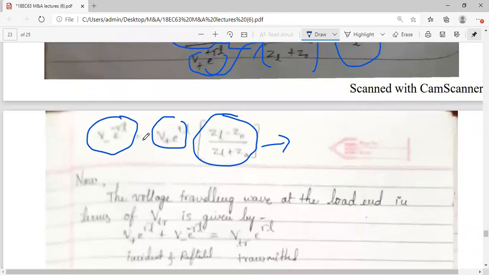I will tell you why it is required later. Okay, now for time being, star equation is important to you. By making use of reflection coefficient equation, you have modified the equation, and for V minus whatever value is there, you have expressed that in terms of V plus. Remember this. This is the star equation. We will use that later.